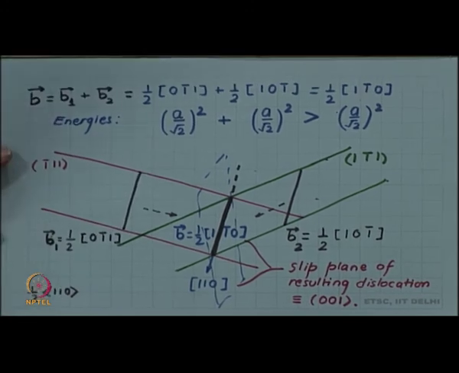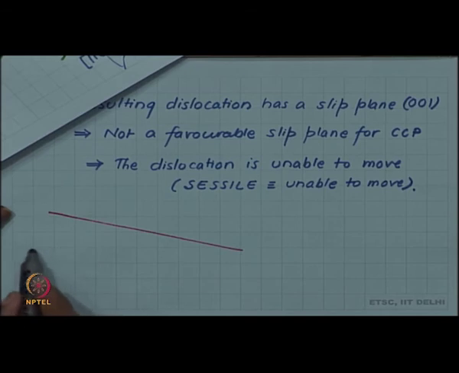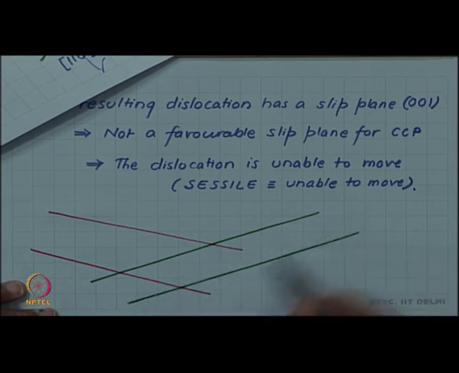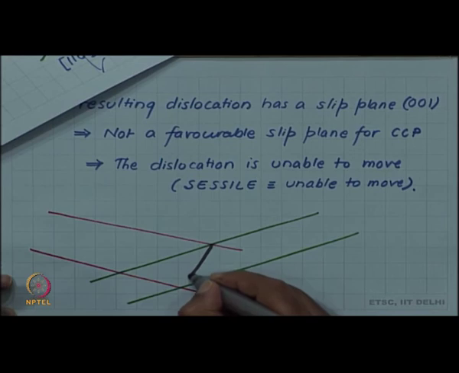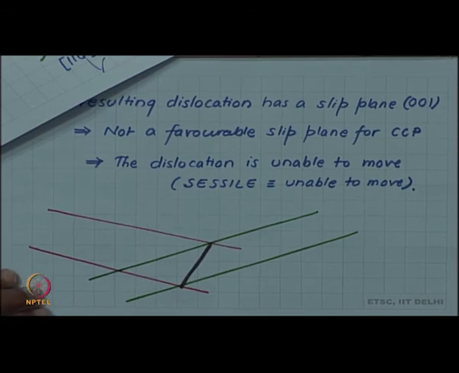So, now you can think of this red plane and the green plane as two highways on which this sessile dislocation now is a traffic jam. It is a breakdown which has now created a traffic jam. Why so?